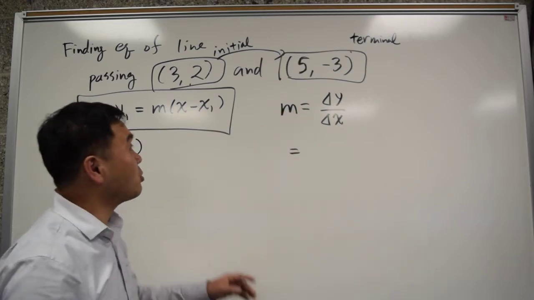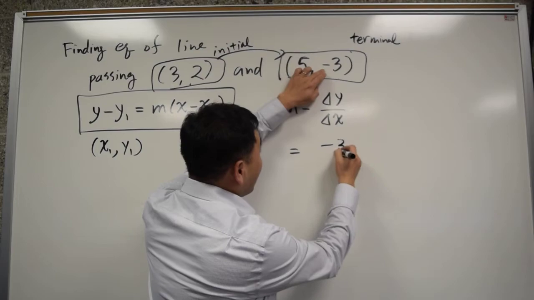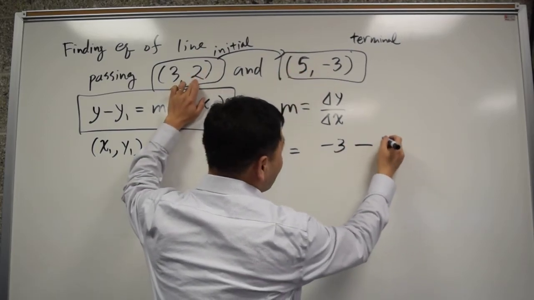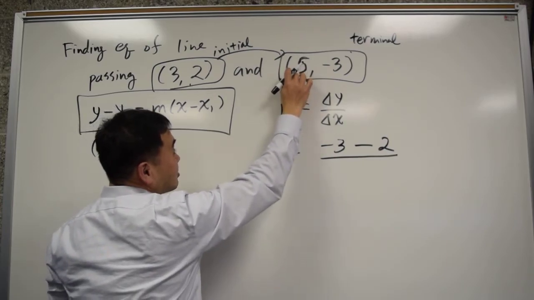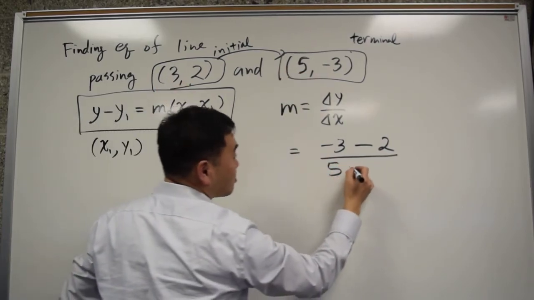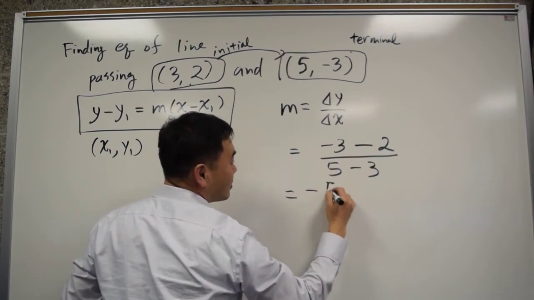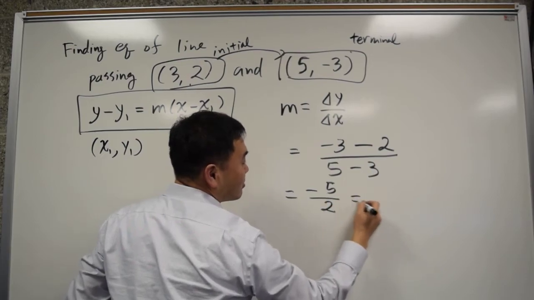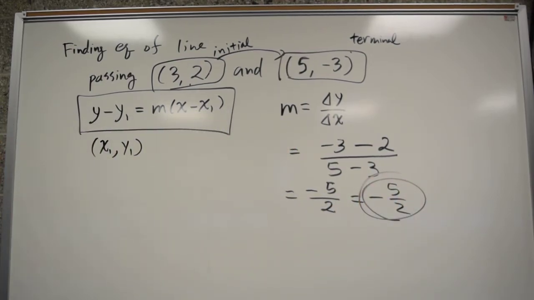So we're going to do negative 3, which is the terminal value for y, minus 2, which is the initial value, divided by x. The terminal value is 5. What's the initial value? 3. You subtract. And what's that? That's negative 5 divided by 2. It's negative 5 over 2. That's the slope.